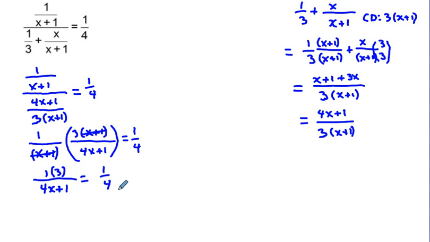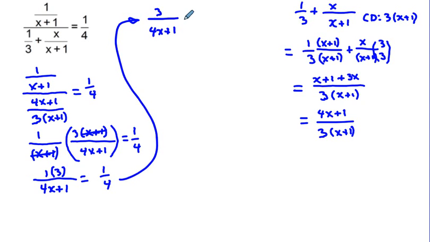Now I'm going to create room and bring this up here to the upper right, and we have 3 over 4x plus 1 is equal to 1/4.